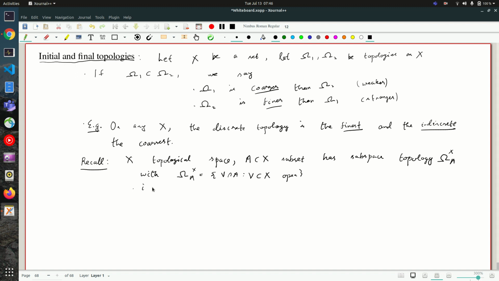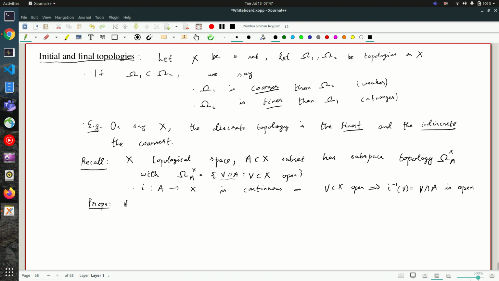And we know that i from A to X is continuous. Let's recall the proof of this. If V contained in X is open, this implies that i inverse of V, which is V intersection A, is open. So you notice immediately i being continuous is telling you that these sets must be open, and the subspace topology is defined by saying only these sets must be open.